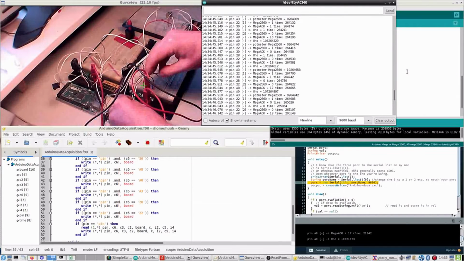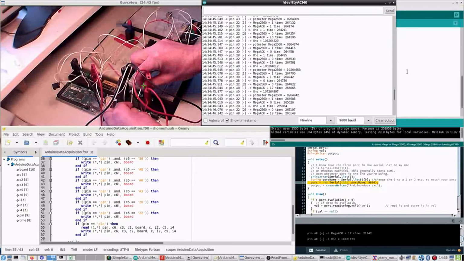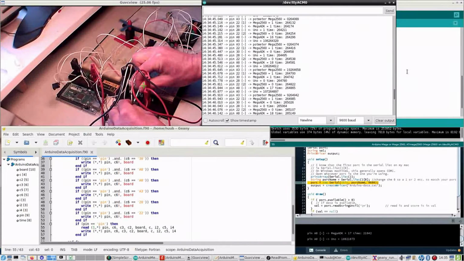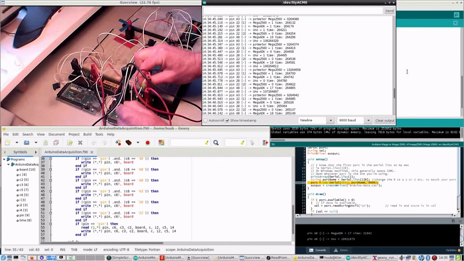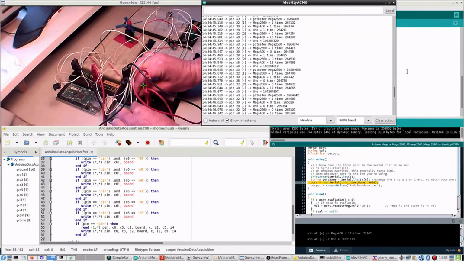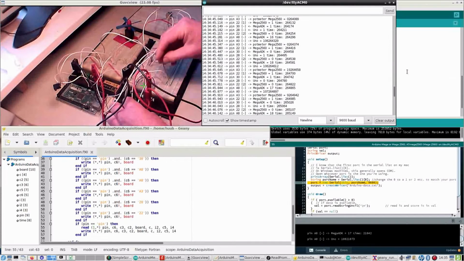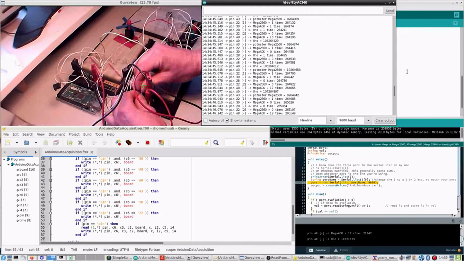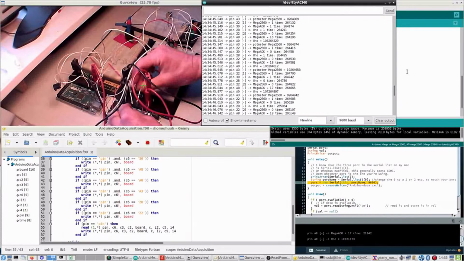This is ground and this is a 0, and the wire doesn't stay in its place, unfortunately.